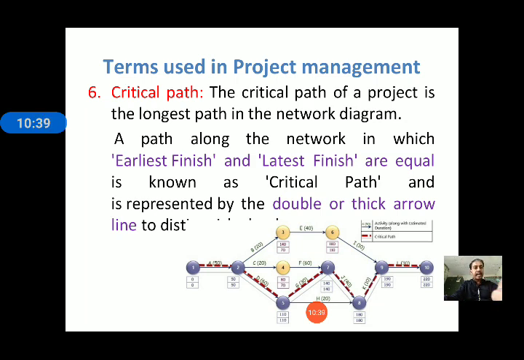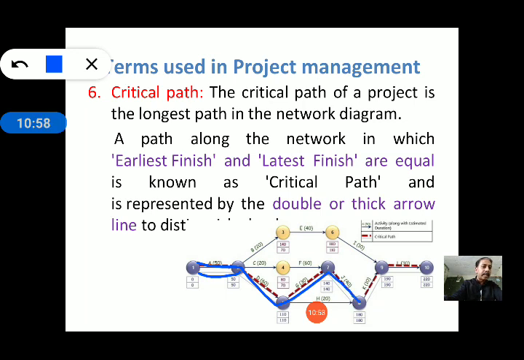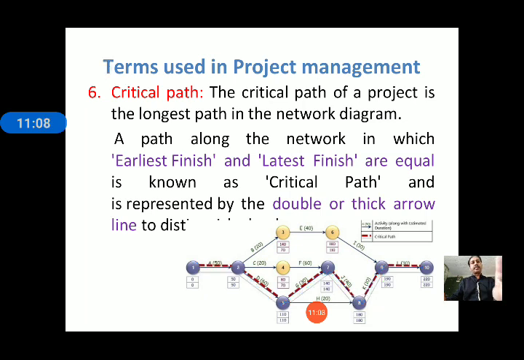See in this network diagram, the critical path is represented by this one. This is the critical path, so it can be represented by a thick line like this. So the examiner or anyone can easily identify that this is the critical path.